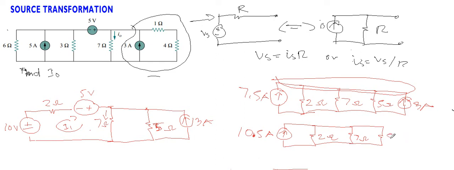But then, ang hinanap natin is kung ano yung nagpa-flow kay 7 ohms. By using current division, I7 is equal to 1 over 7 times 10.5 over 7 inverse plus 2 inverse plus 5 inverse. Ang 7 inverse class is parehas lang yan sa 1 over 7.